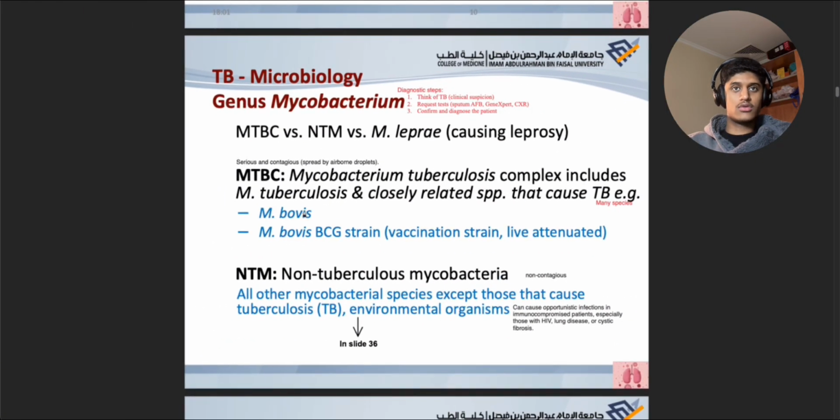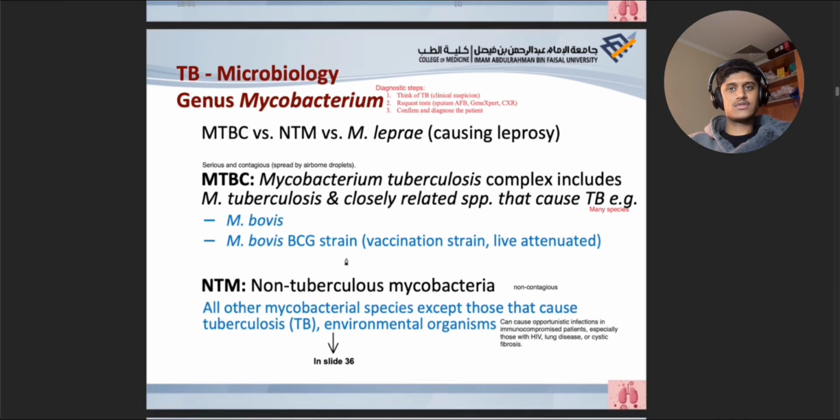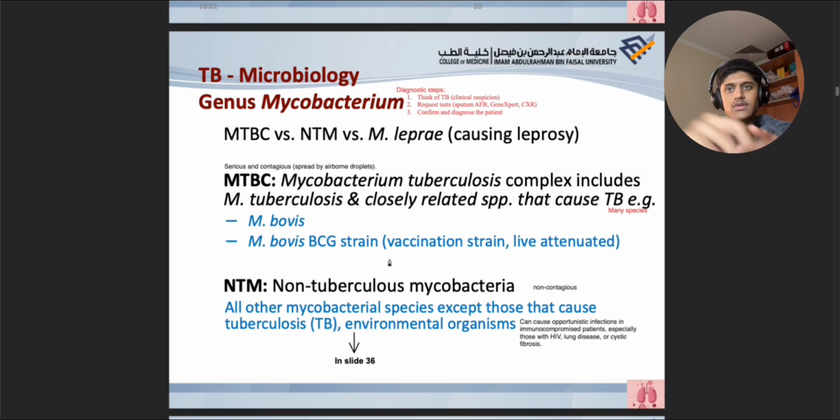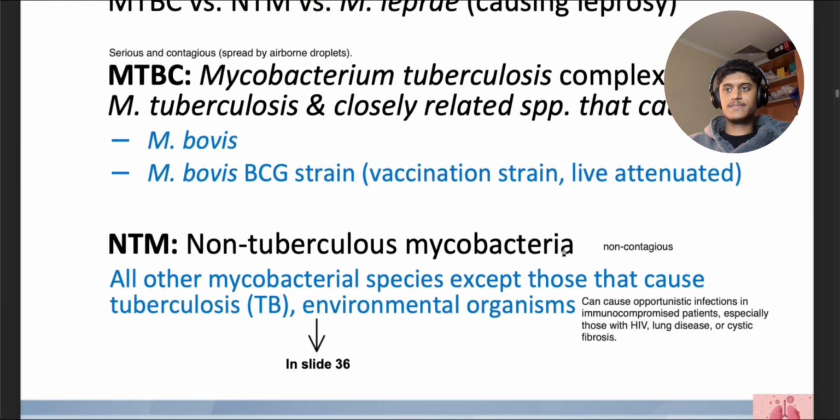So Mycobacterium tuberculosis and closely related species cause TB, and we have many species, some of which are M. bovis, which comes from milk, and the BCG strain, which is used as a live attenuated vaccine.